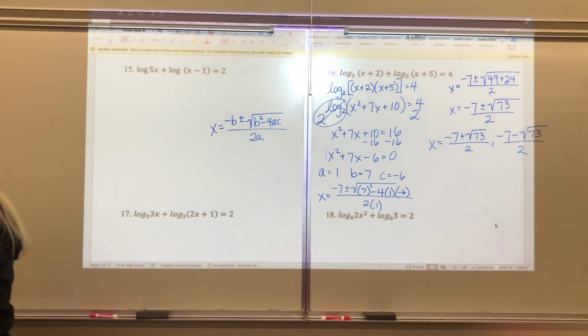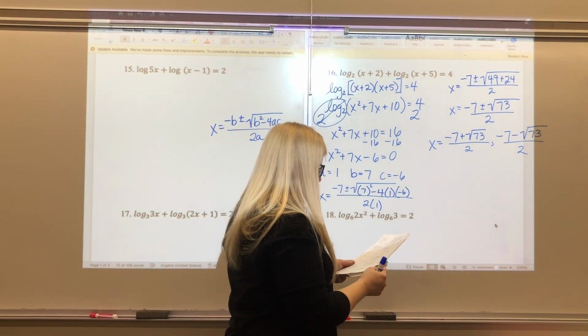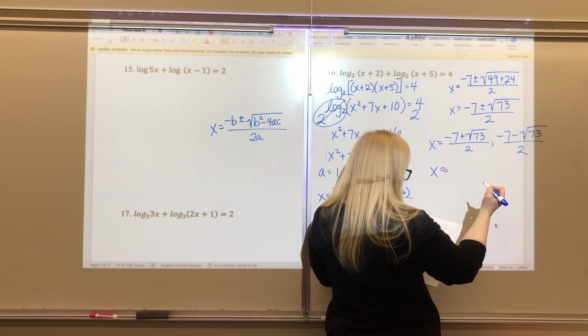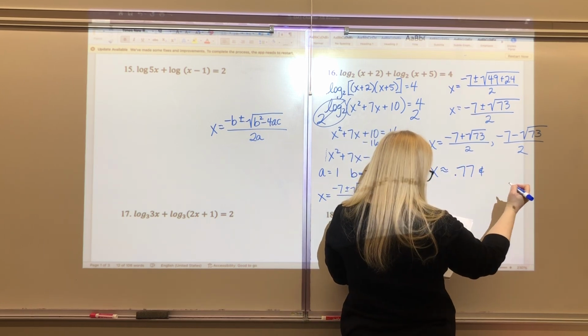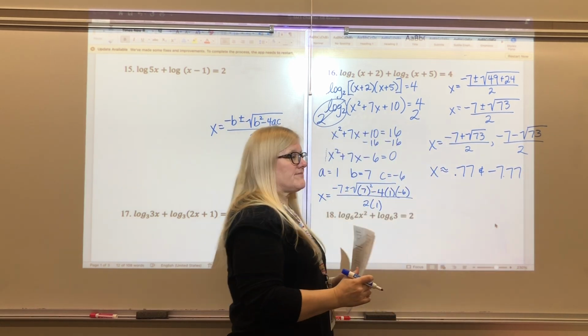Throw that in your calculator and you get x is approximately 0.77 and negative 7.77.